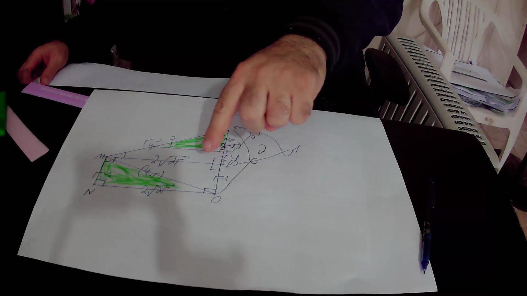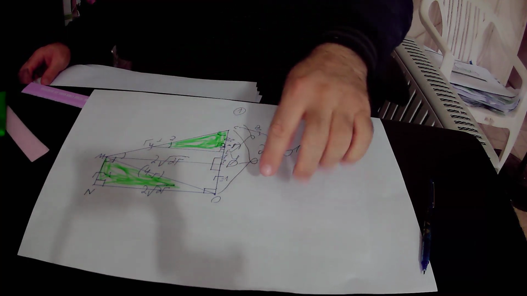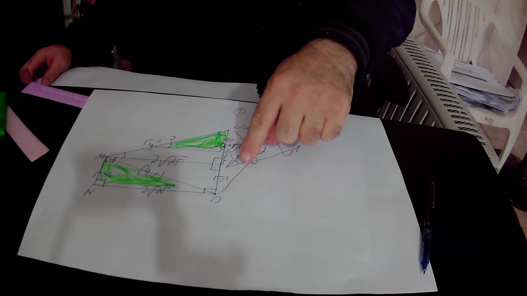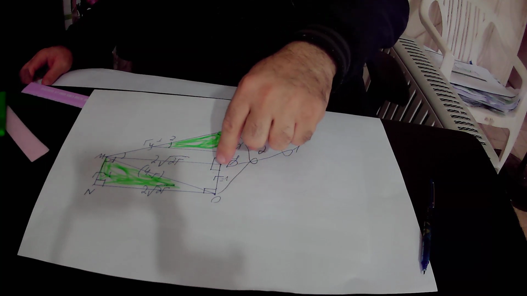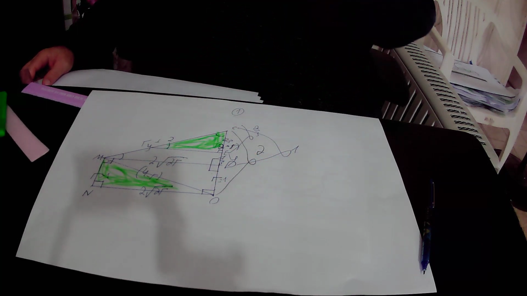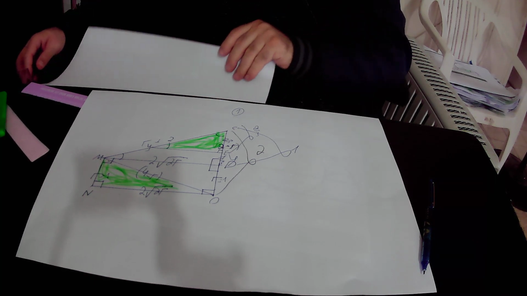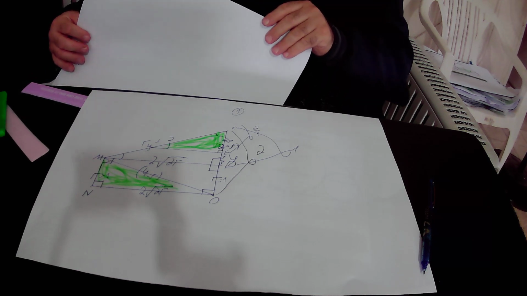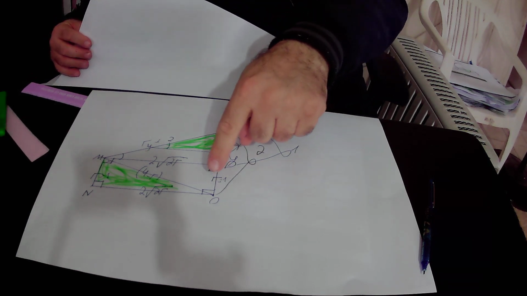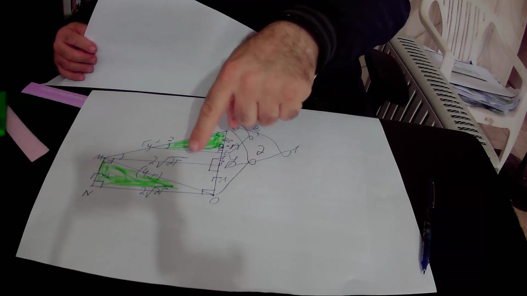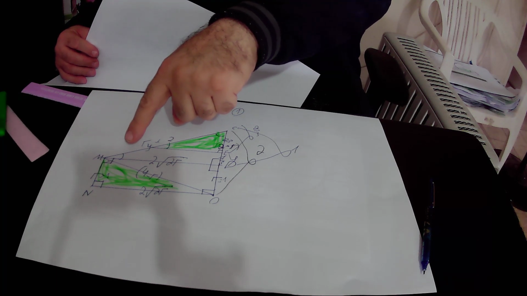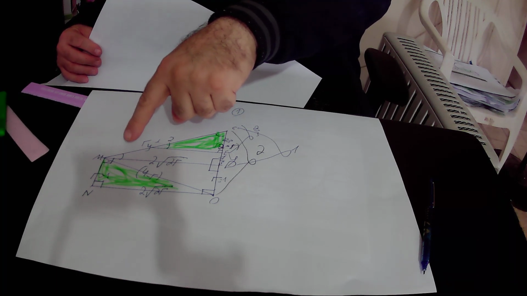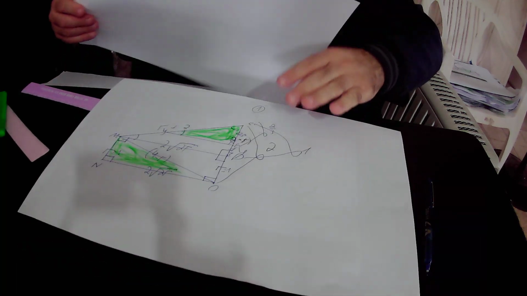So if you look at quadrilateral MNDO, in this quadrilateral we have 3 right angles, 1, 2, 3, and we know that the sum of the angles in any quadrilateral equals 360 degrees. Therefore, the sum of those three right angles is 270 degrees, plus the size of the fourth angle, that is to say plus angle x, equals 360 degrees.